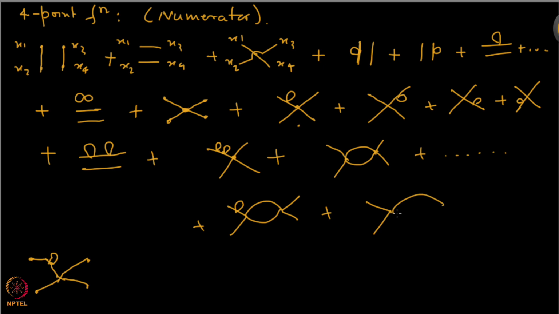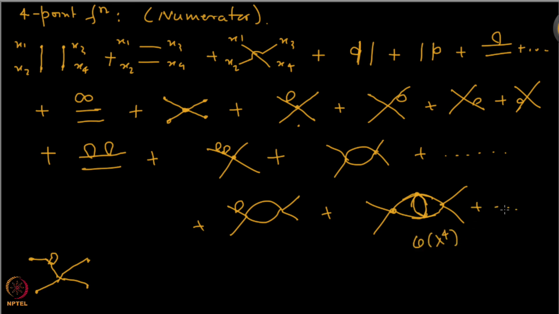Maybe one more. Now that I am drawing, I can draw many more. From here I can connect like this. So this is 1, 2, 3, 4, so that is a 4-point vertex. 1, 2, 3, 4, so that is another 4-point vertex. So this is an order lambda to the 4 diagram.